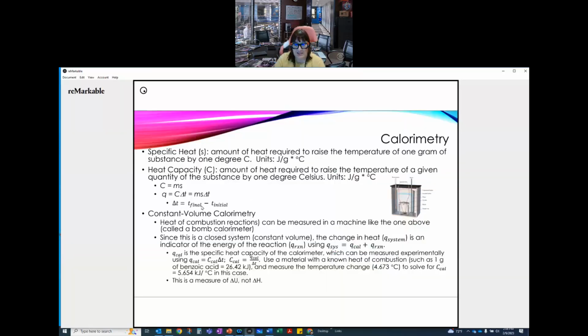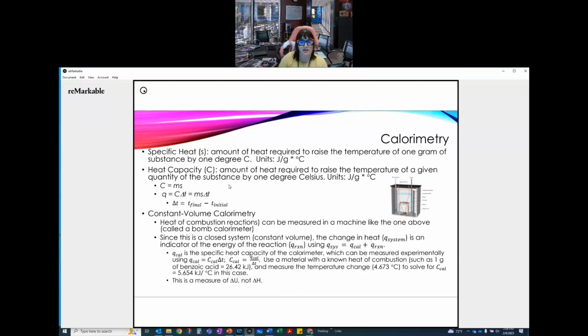So we know that C, the heat capacity, how much that thing can accept as heat, is given by the mass times the S. Okay. S is the specific heat of that material.